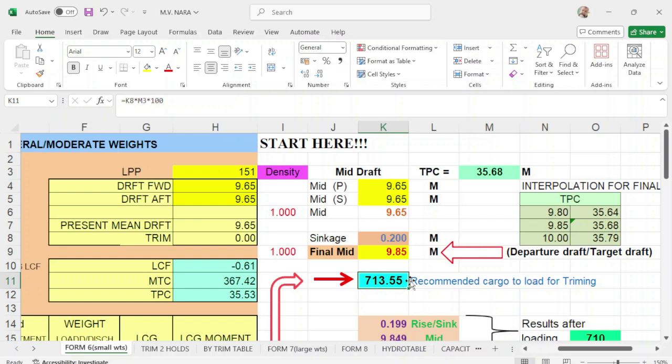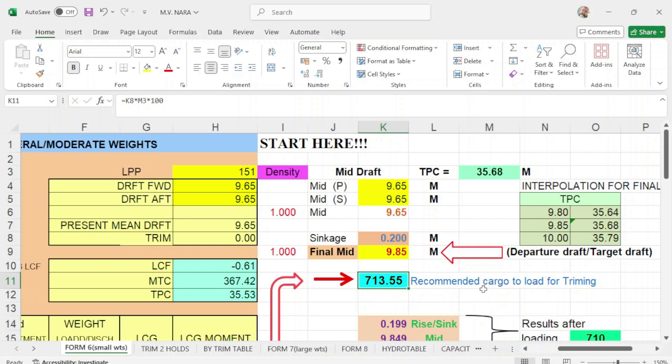Here's the formula, guys: sinkage times your TPC times 100, and you get this 713.55, which is the recommended cargo to load for trimming.